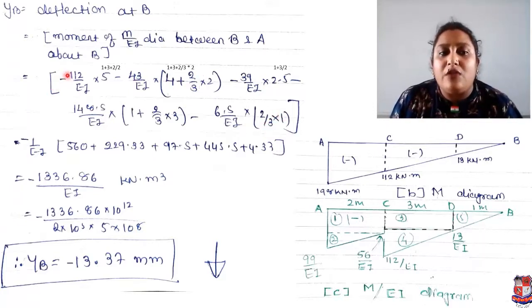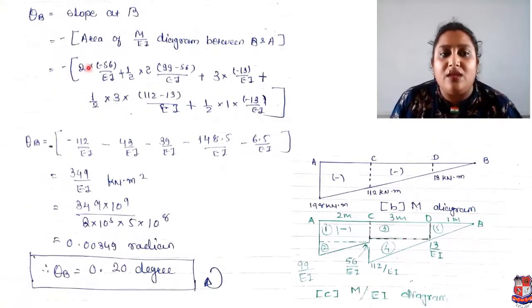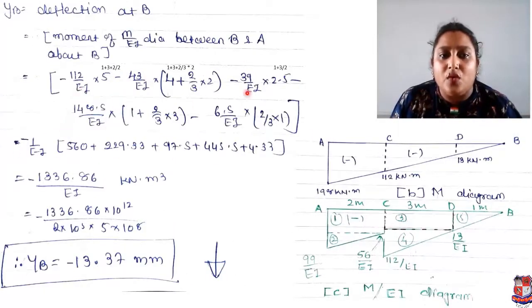Now you may doubt how we got all these values, but no need to worry. In the previous slide you can see whatever areas we took from the M upon EI diagram, and after simplifying, the values we received are the ones we took here. Now multiply the distance to the centroid with all those values.